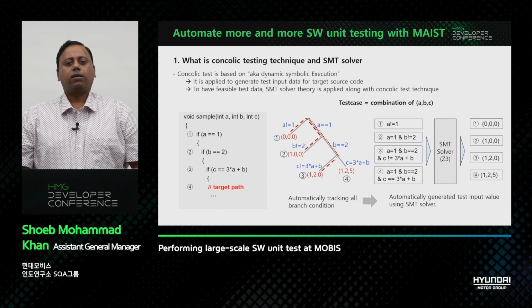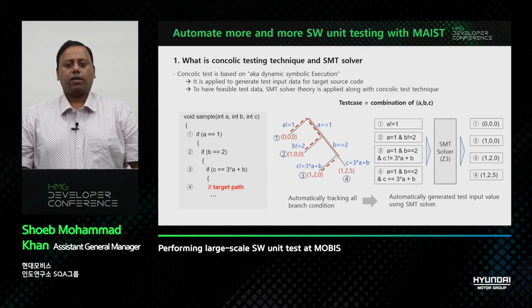CROWN generates test input data for a specific source code target. To ensure the creation of feasible test data, we utilized the SMT solver Z3 in conjunction with the concolic testing technique.